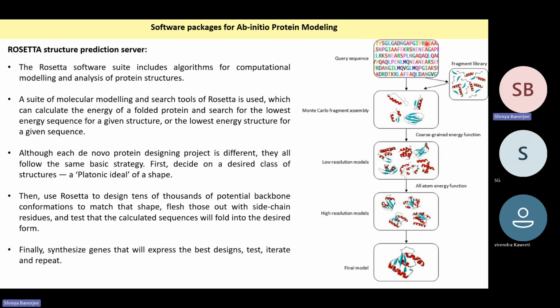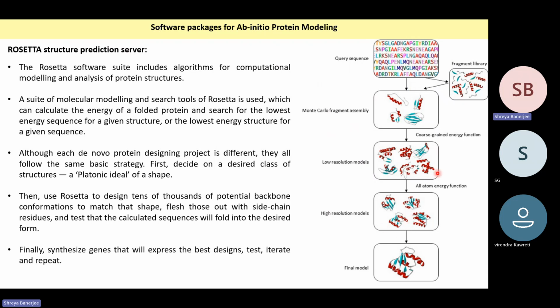So suppose you have a certain sequence. First, it will calculate the possible 3-dimensional structures, and it will find which of these structures has the lowest energy. First, a coarse-grained energy function can be used to narrow down the possible structures, and then an all-atom or atomistic energy function will be used to get a more accurate idea of the lowest energy structure.